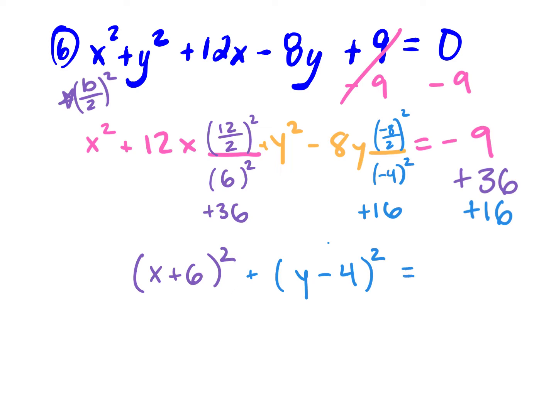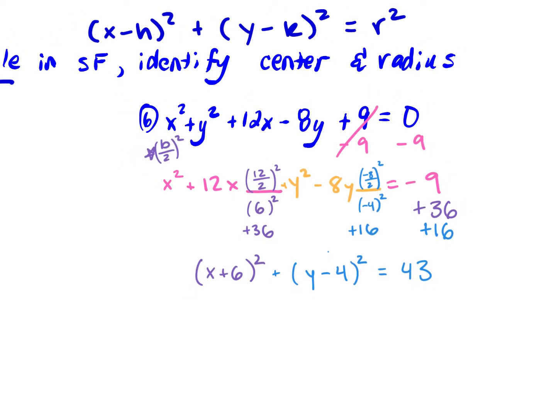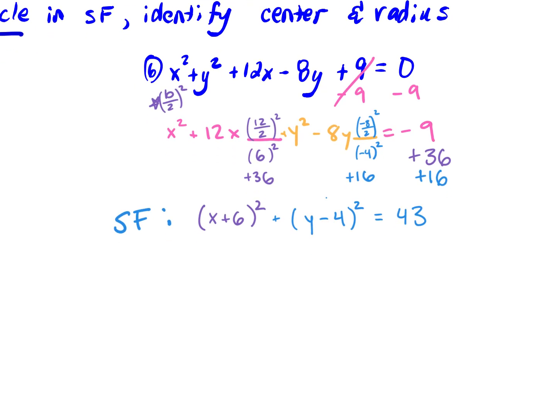And then that's equal to negative 9 plus 36 plus 16. So that should be 43. So that's my standard form. And then I also have to identify the center and the radius.